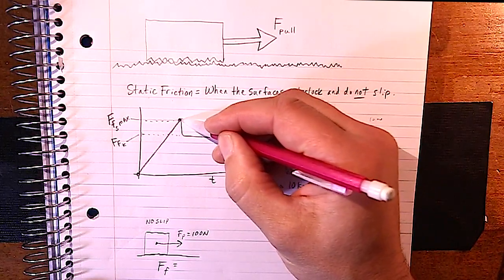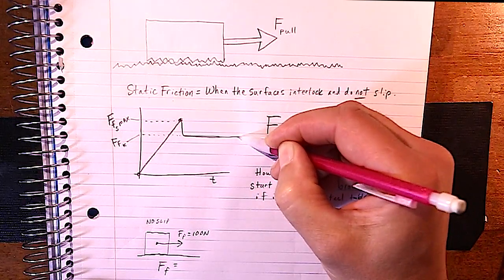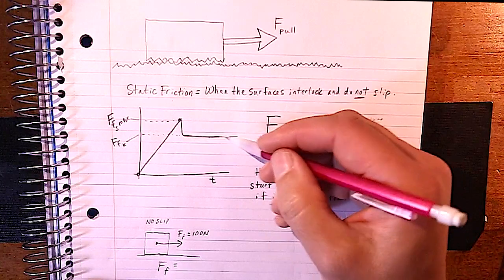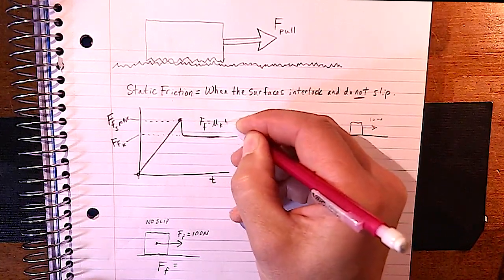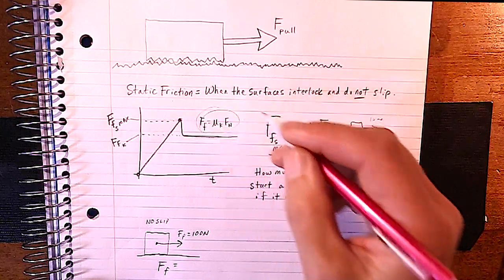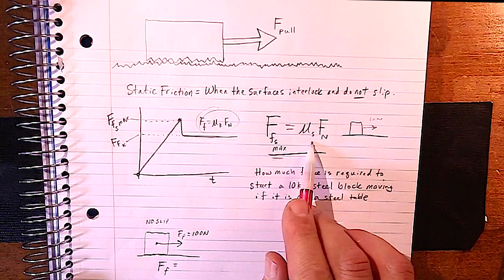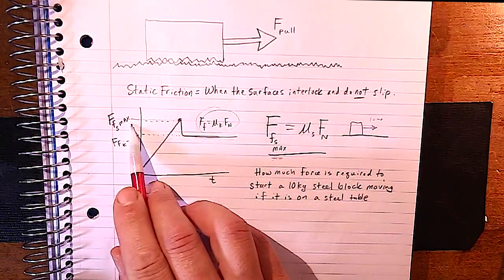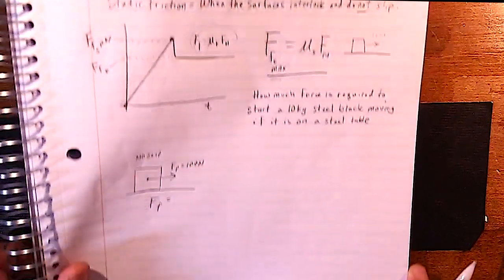And when it slips, it drops down and becomes the kinetic frictional force. This value right here is always Ff equals mu k Fn. So this formula is safe to use whenever, but you can only use the static formula when you're finding the maximum force, perhaps like the maximum force needed to start getting a block to move, and we'll solve one right now.